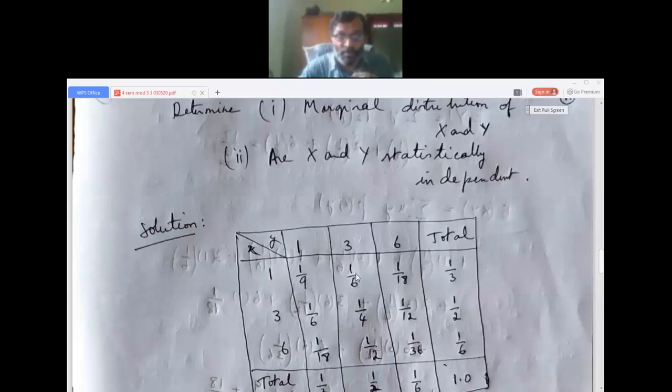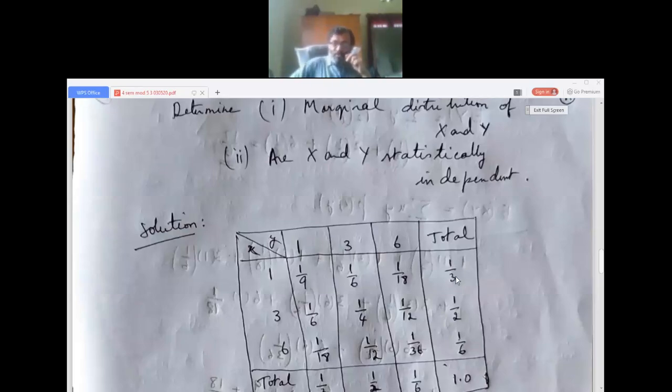So 2 plus 3 is 5, 5 plus 1 is 6. So 6 by 18, that is 1 by 3. Simple addition.